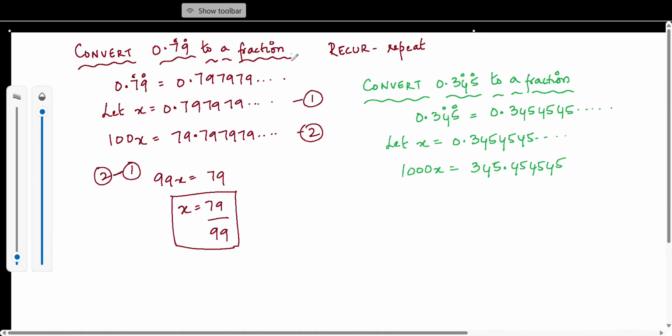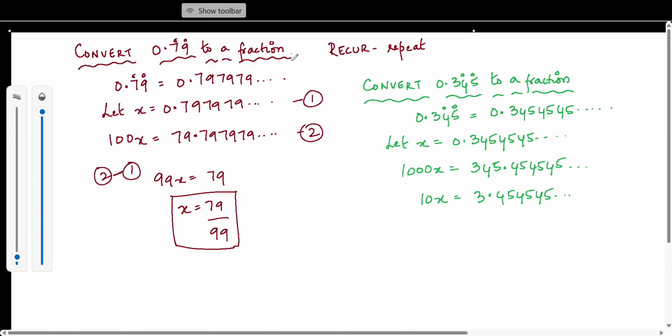Now we see that the number of decimal places in x and this are different. So subtracting these two is not going to help. The whole idea is that the decimal places should disappear. So obviously when we multiply it by 10, we get this. So you should analyze what gives us a decimal where the number of decimal places is same, whether it's 10, 100 or 1000.